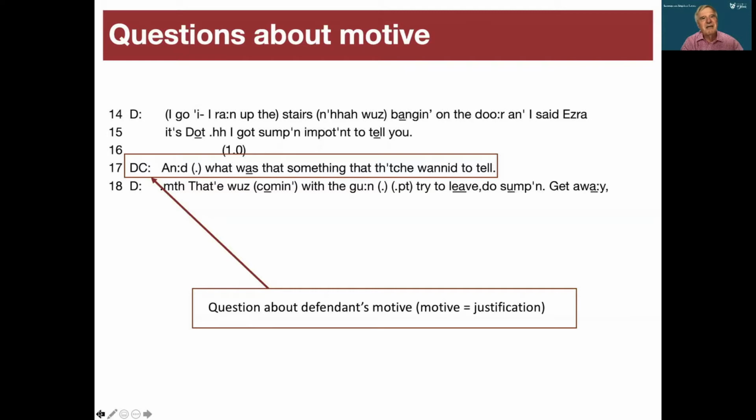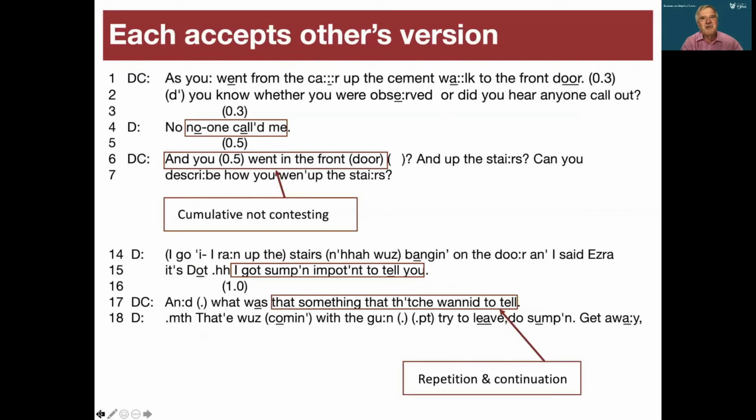So here are three features, just briefly to resume them. Firstly, you get this cumulative acceptance of each answer by the defendant, not contesting it. And very often that takes the form of repeating, not all, of course, of what they've just said, but part of what they've said.